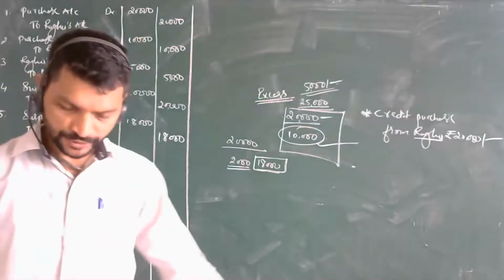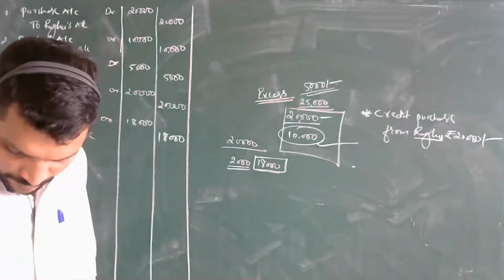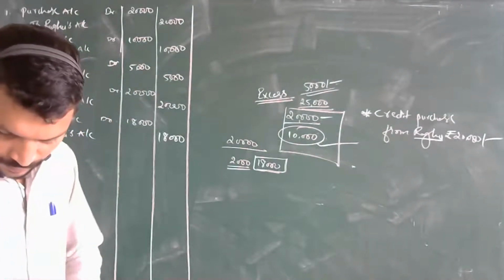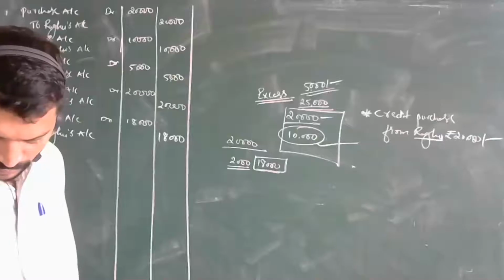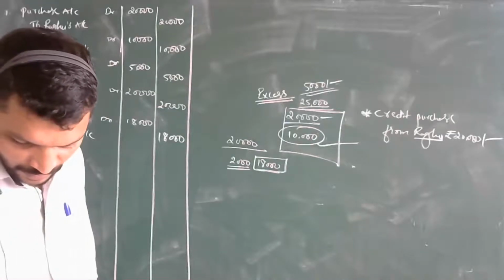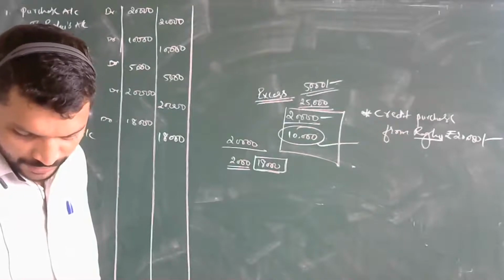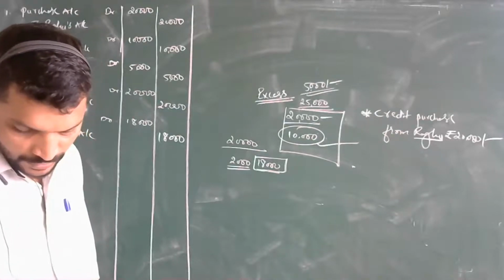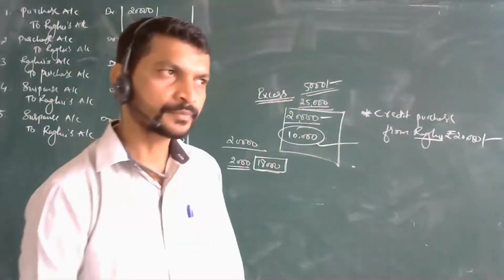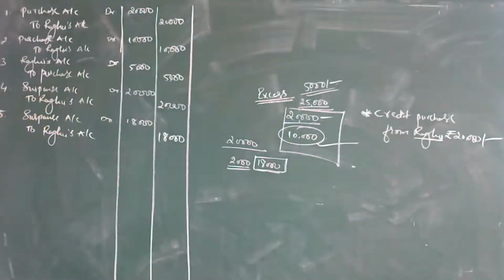That's it. I may get disconnected due to shortage of time. Just tell me the first entry. How many remain? Still four. Were posted to Raghav's account. Raghav's account is not there here, right? So what has taken place is purchase account debit to Raghu's account.